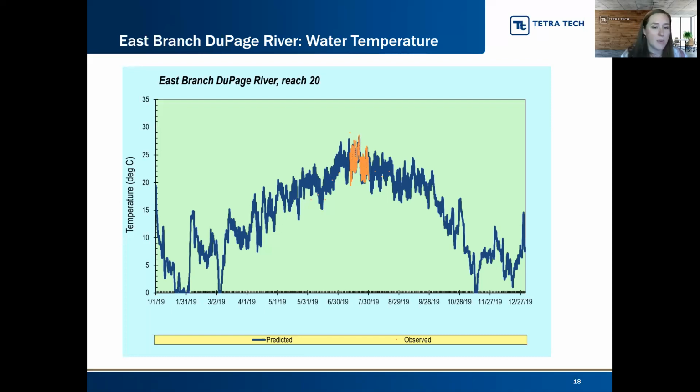And part of the reason that we can get such a good fit on water temperature is because we're basing the inputs of the air temperature and solar radiation and dew point temperature of the model on gridded meteorological data that is hourly. So that's why we get to see such a good fit there.